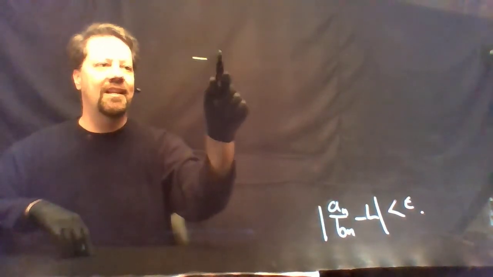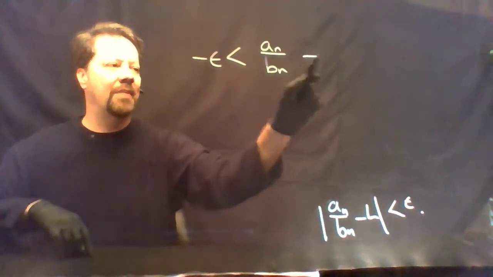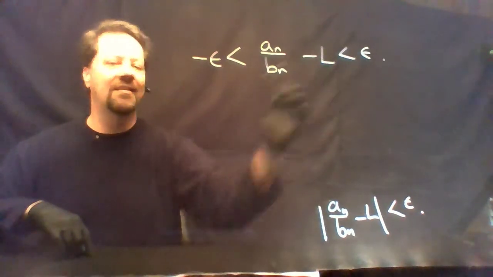This gives us negative epsilon is less than a_n over b_n minus L is less than epsilon.